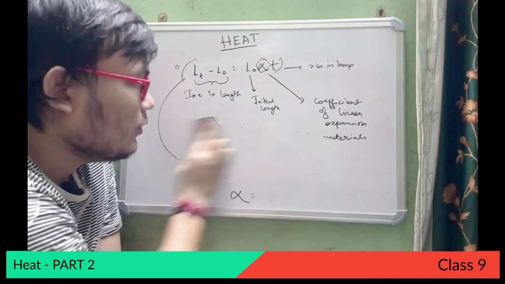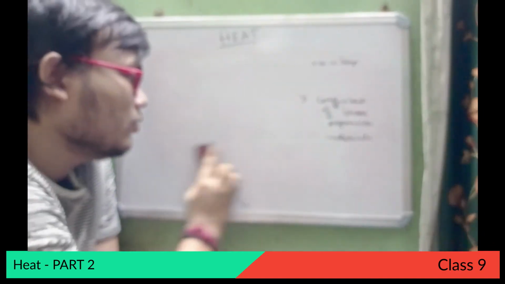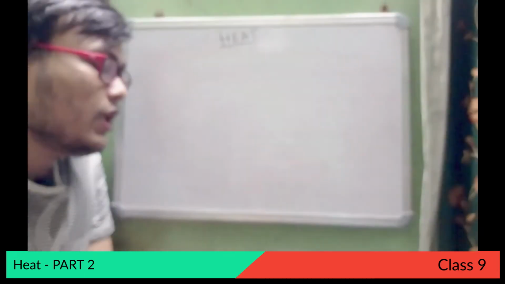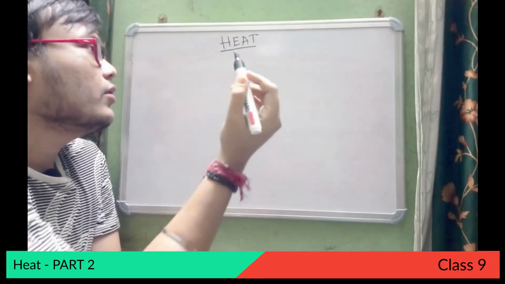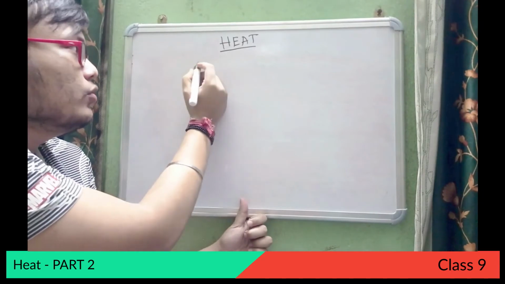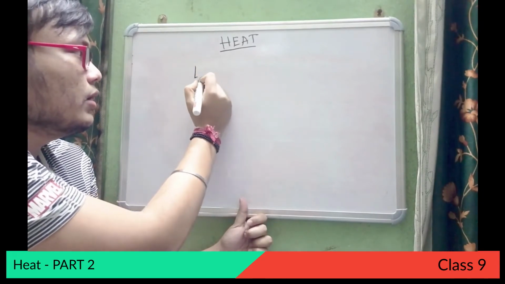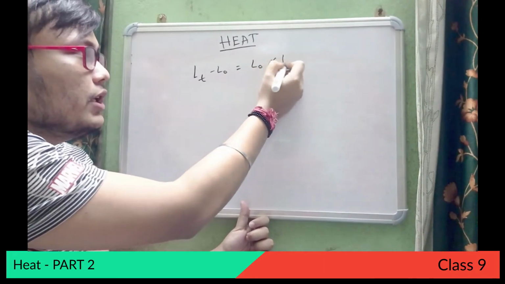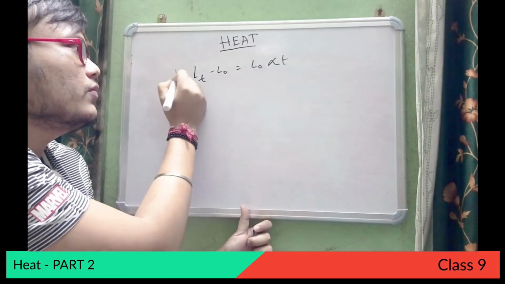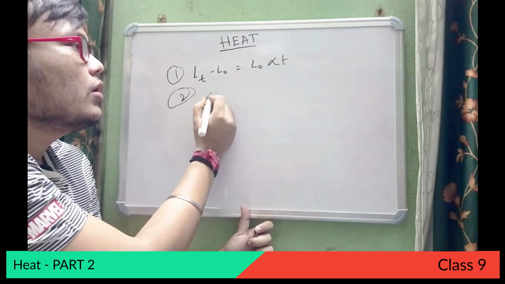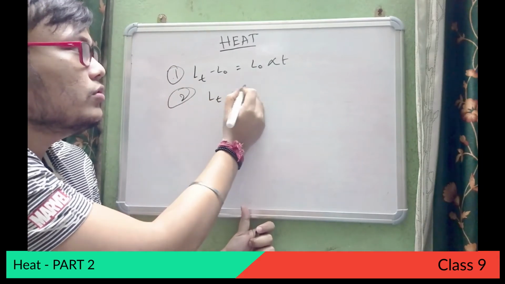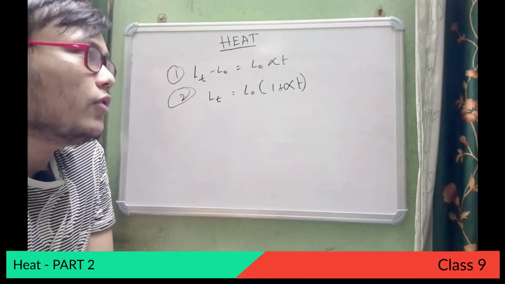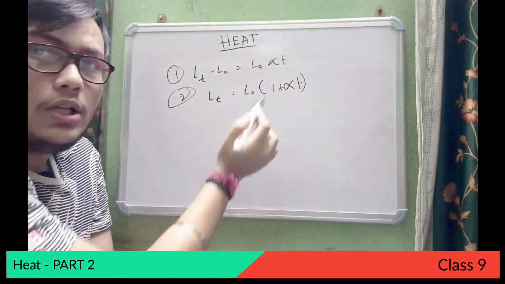If you remember what I taught in the last video, I had derived 2 formulas: the first is LT minus L0 equals L0 alpha T, and also LT equals L0 into 1 plus alpha T. These were the 2 formulas for linear expansion.